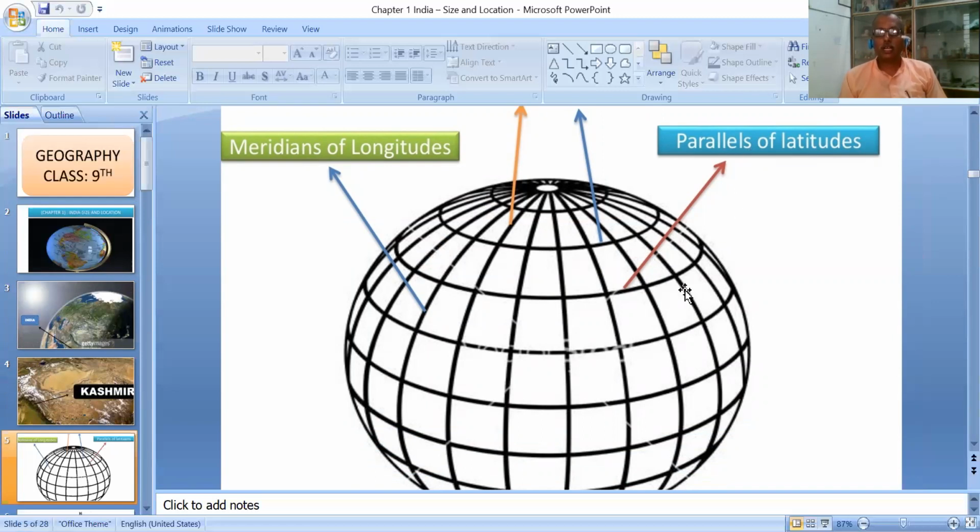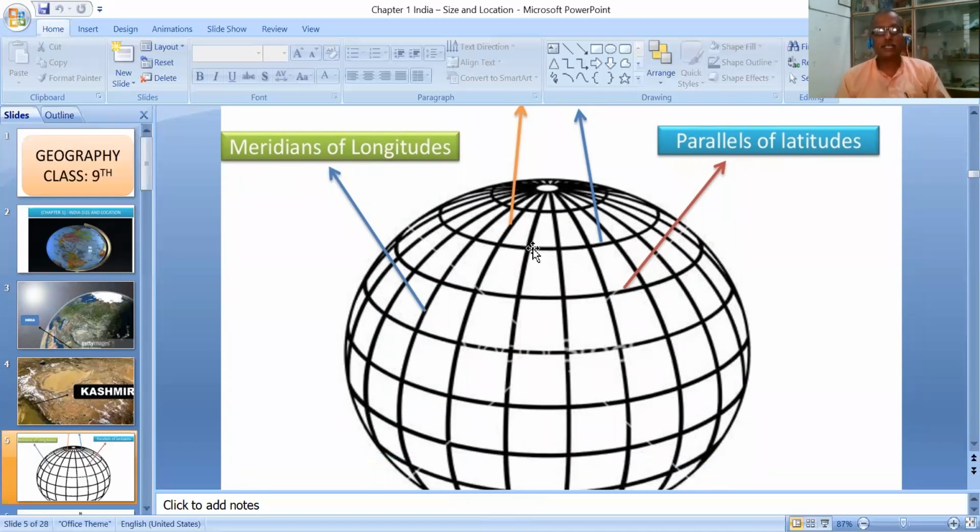Here, the line which runs as a circle is called a parallel of latitude. It is a circle. Fine. The lines running from top to bottom as semicircles are called meridians of longitude.